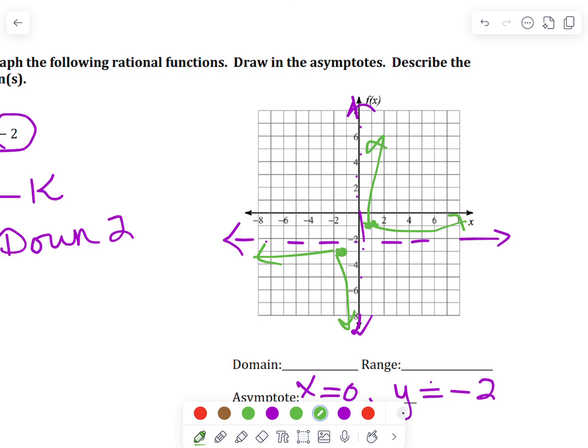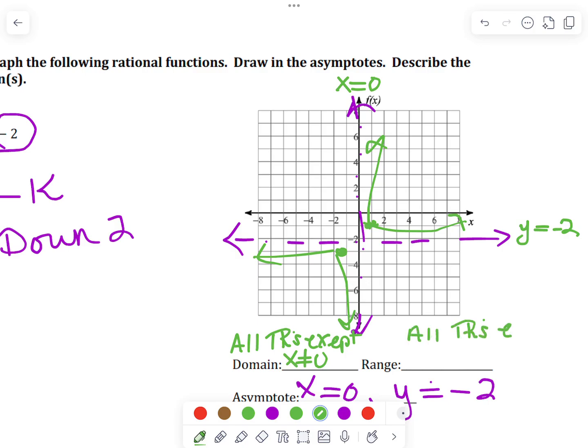And then our domain is all reals except x cannot be 0, this vertical line right here. And then the range cannot be anything but our horizontal asymptote, y equals -2.